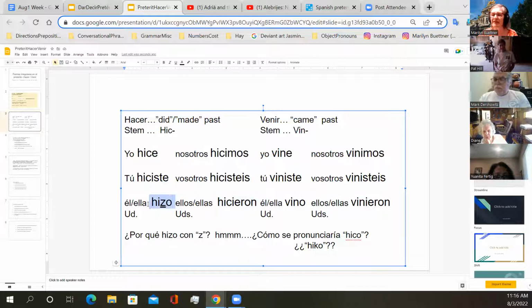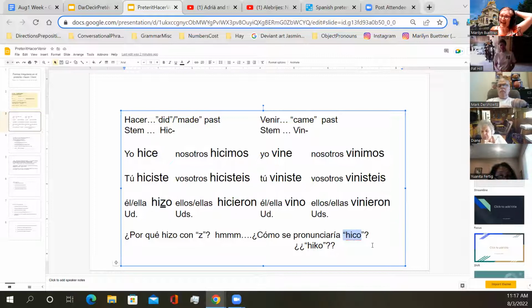You'll notice this is pronounced hizo with an S sound, like hice has an S sound. But wait a minute, why did that change to Z? Why is it hizo with a Z? If I kept the HIC and spelled it HICO, I could not pronounce it hizo.